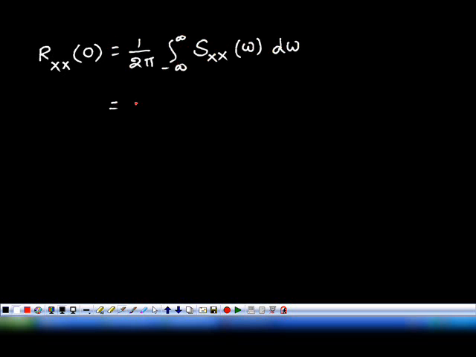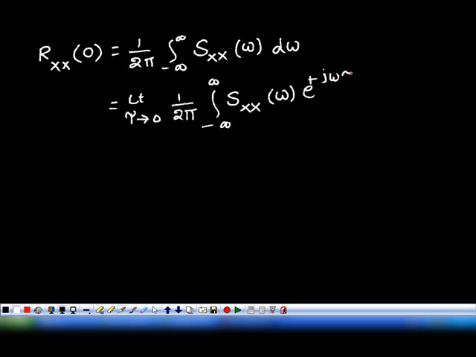So can I write this as limit tau tends to 0 of 1 by 2 pi integral from minus infinity to plus infinity? Is it right? Let tau tend to 0, we multiply with e power j omega tau. Again you will get the same.